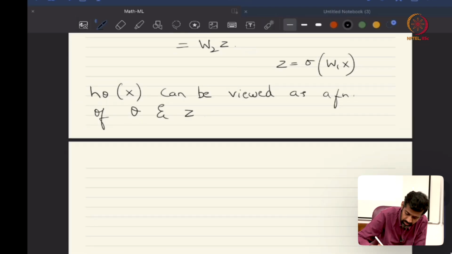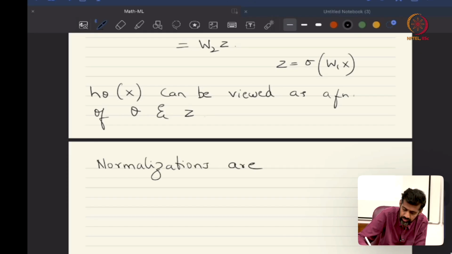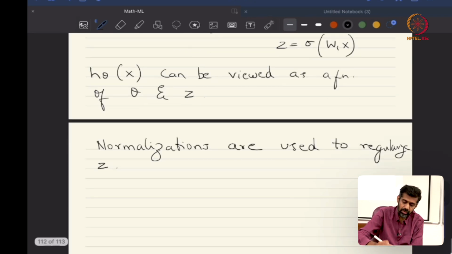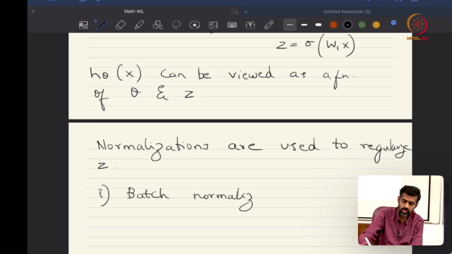There are several types of normalizations. One is called batch normalization, and this one is called layer normalization, and so on.